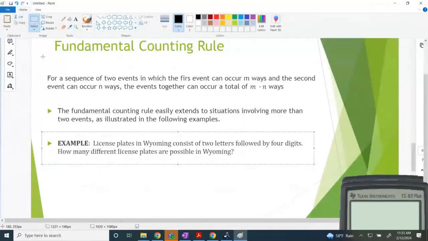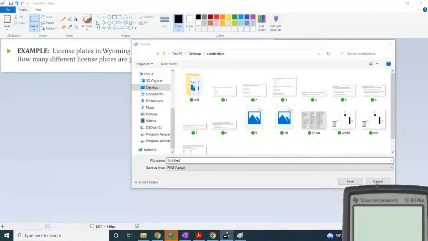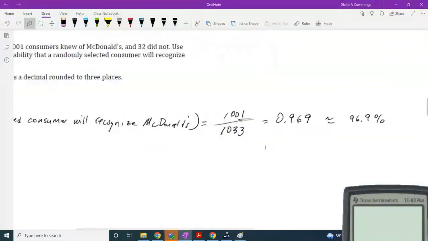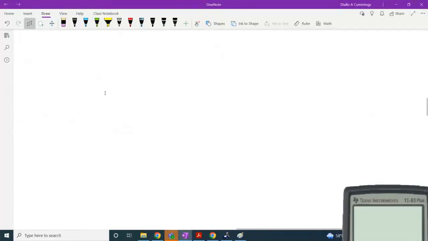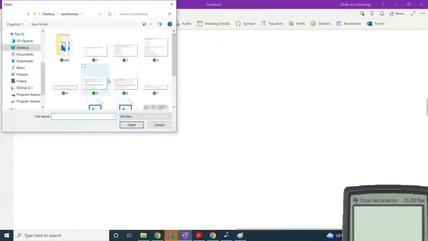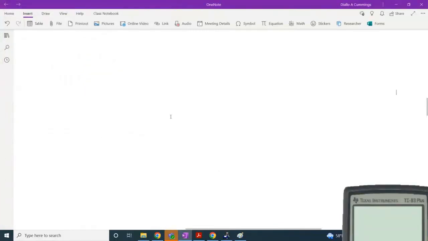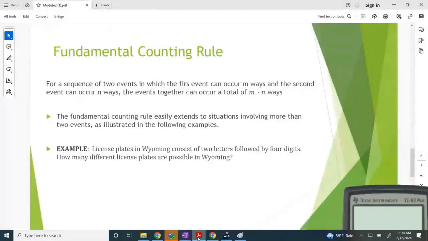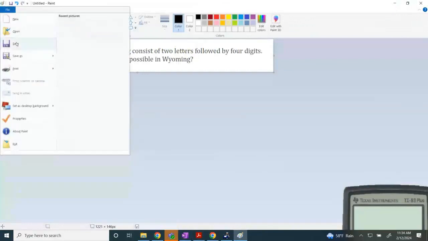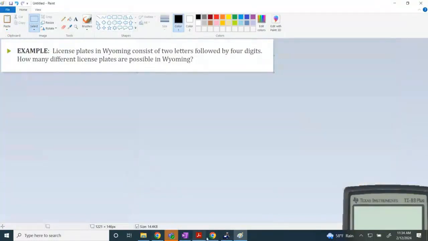So give me 1 second, I'm going to copy this example. Okay, that's what I did wrong.